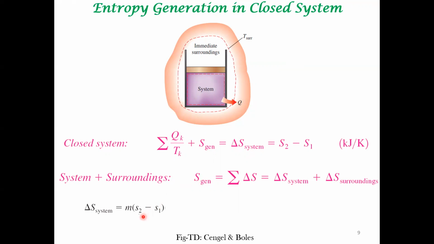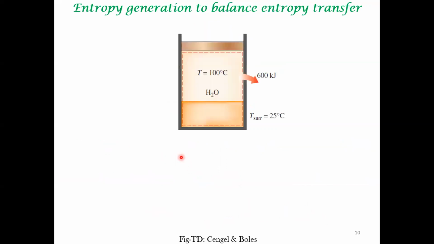You say the entropy at the final state minus the entropy of the initial state times the mass. And then you have the entropy of the surroundings, which corresponds to this term, that is Q surrounding divided by T surrounding. I don't know whether I stated it clearly, so it will become more clear in the next slide what this temperature is about.